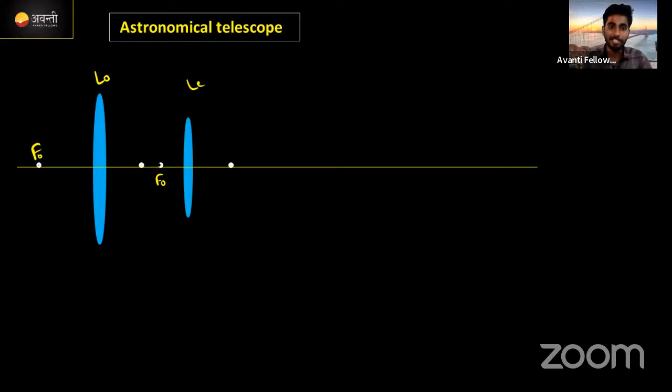Now what I did is move the eye lens towards the objective lens. The first image is created at the principal focus Fo, but this image is formed in between the optic center and the principal focus of the eye lens.